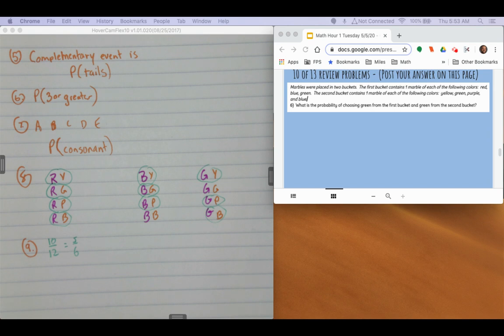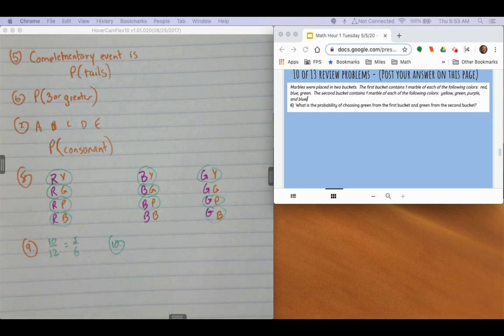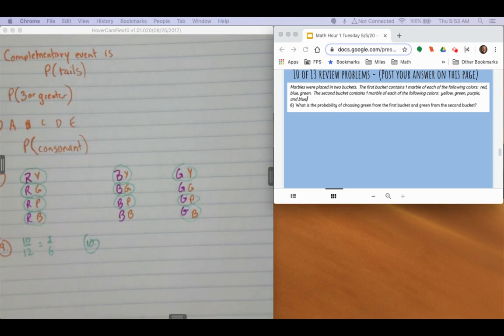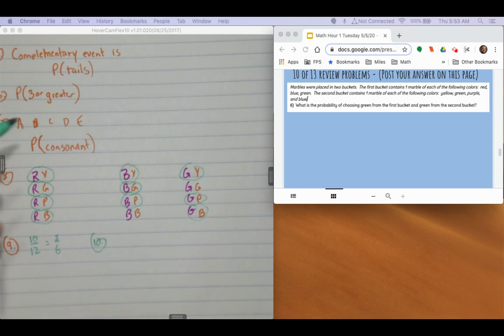Number 10. What is the probability of choosing green from the first bucket and green from the second bucket? Since I listed all my possibilities, there's only one that has both greens. It's and. And is saying it's got to be both of them. It's not or.